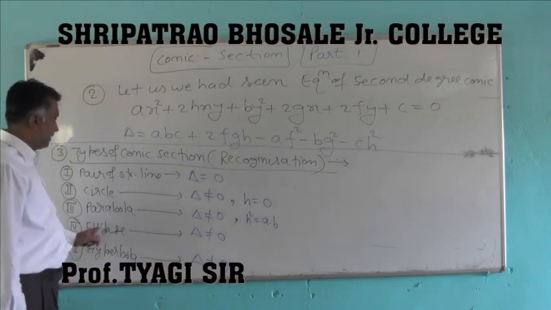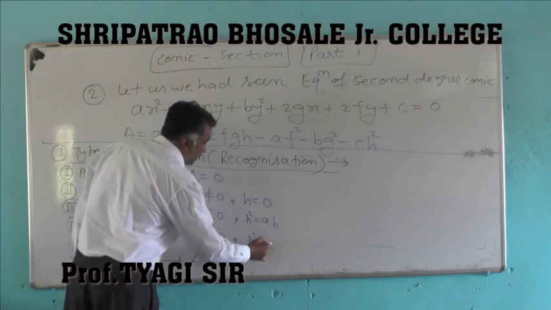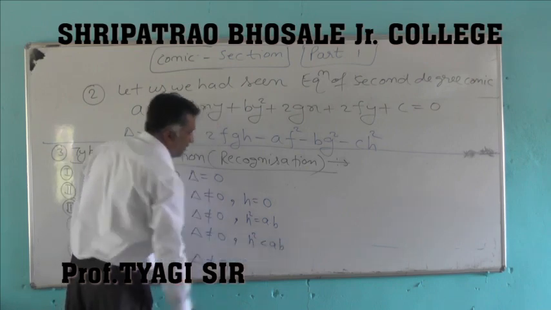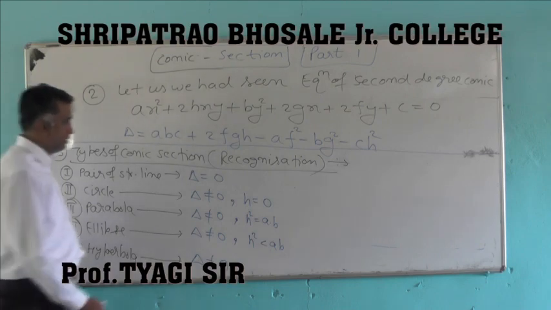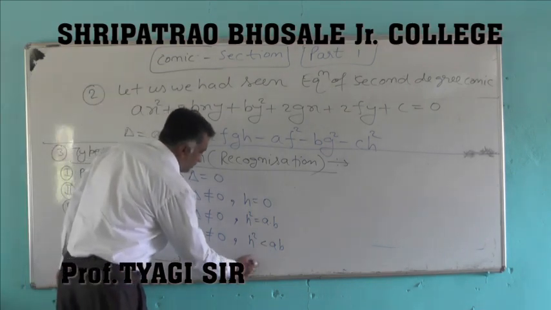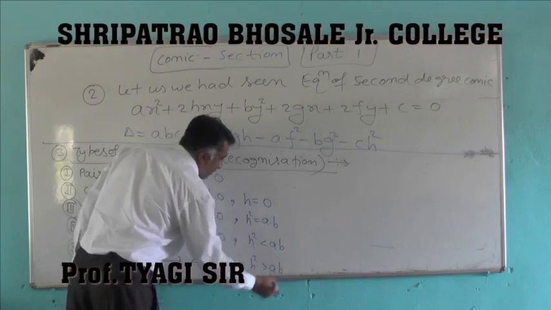Now, ellipse: h square less than ab, and hyperbola is h square greater than ab.